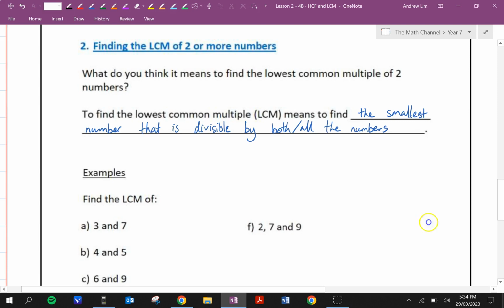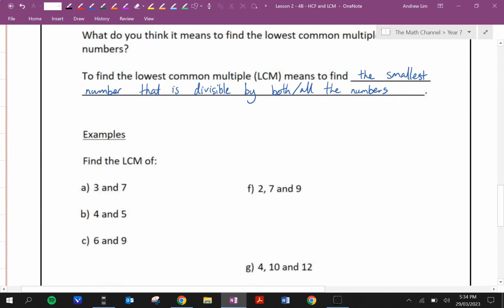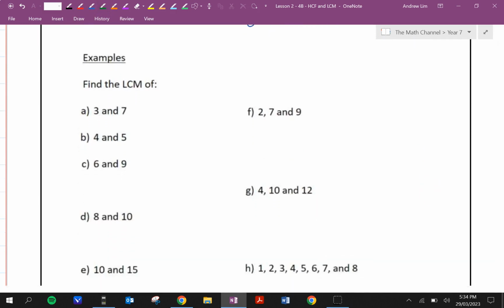Alright, so find the lowest common multiple of 3 and 7. So again, this is what you could do, right? This is one strategy.